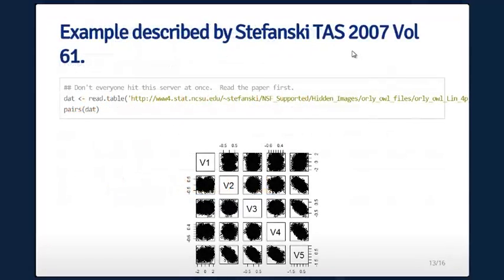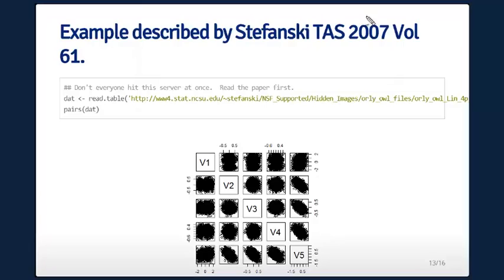So let's go through an example of looking at residual plots. Stefanski, in his American Statistician paper, had this great, kind of startling example, several examples, and he created a mechanism for creating them, on why it's useful to look at residual plots.